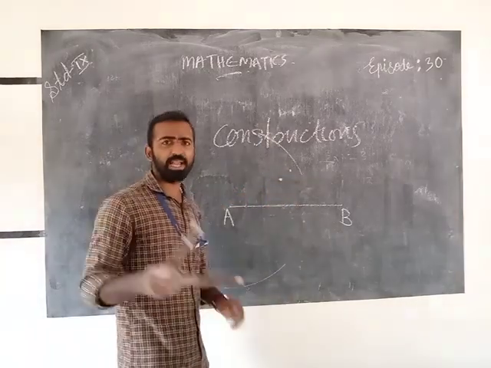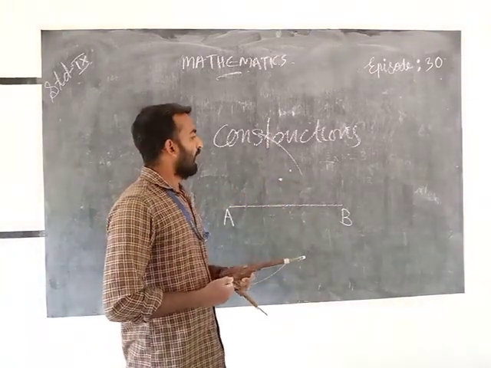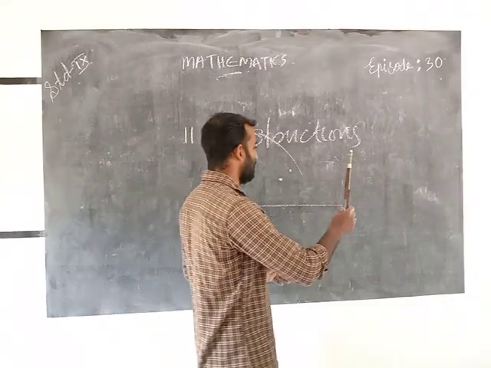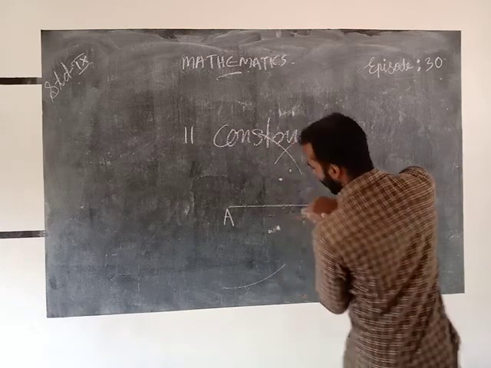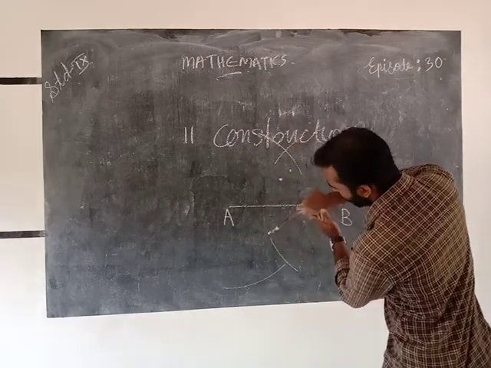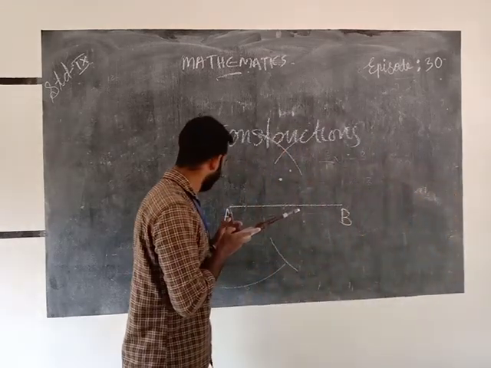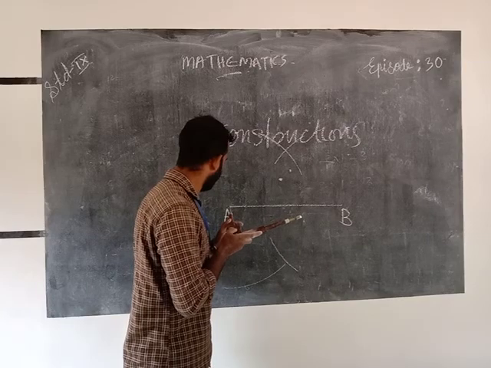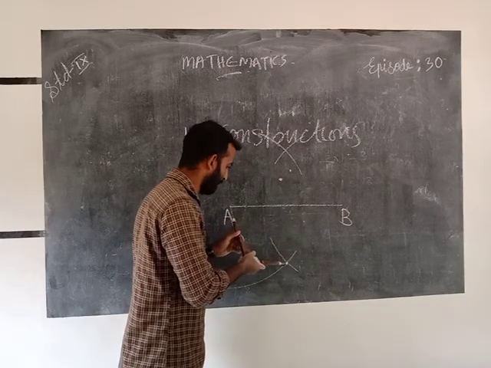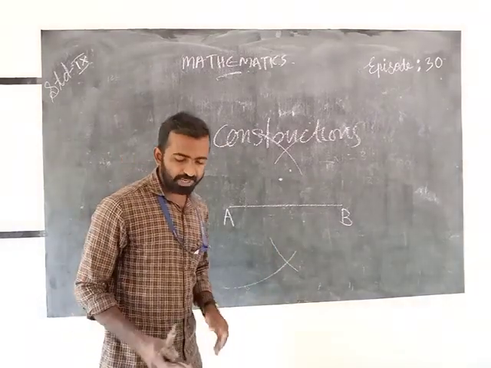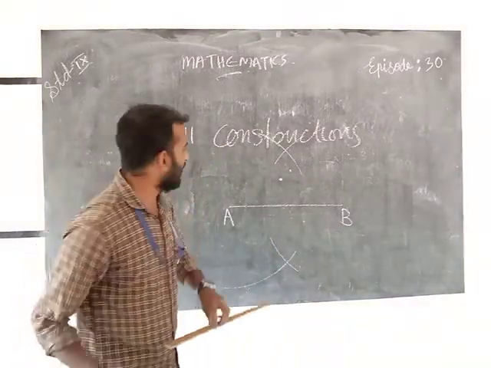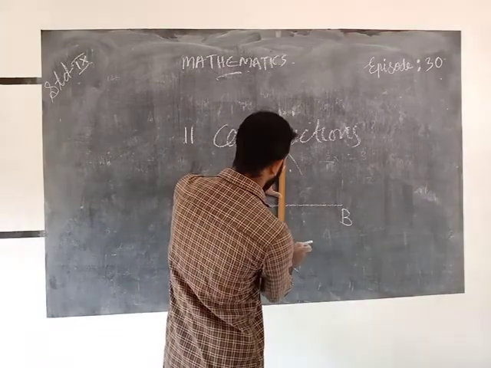In the same radius, with center B, we mark arcs on the upper side and lower side. Then we join the points where the arcs meet with a line.